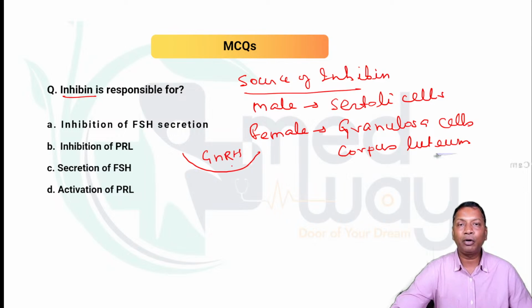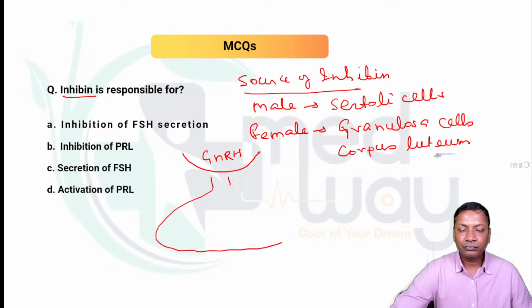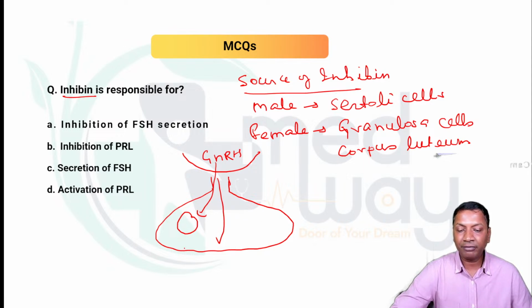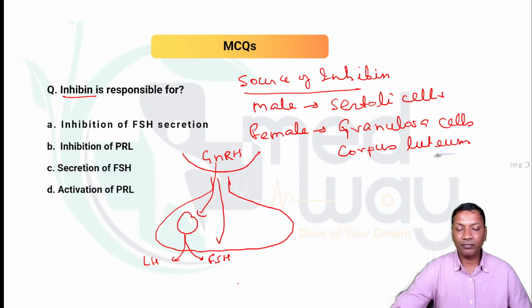The hormone gonadotropin releasing hormone is produced. This gonadotropin releasing hormone will act on the anterior pituitary, on the gonadotroph cells, and these gonadotroph cells will produce the hormones LH and FSH, right?